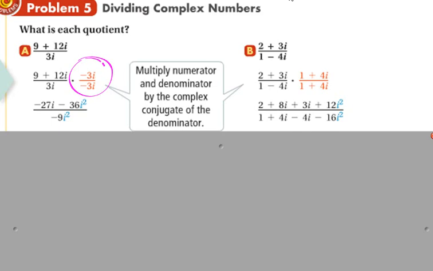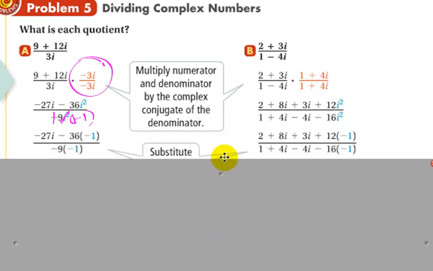So here we get negative 9i squared. Well, i squared is what? Negative 1. Negative 9 times negative 1 is a positive 9. Now we also have an i squared up on the numerator, so turn that to negative 1, and it turns your 36 to a positive 36.